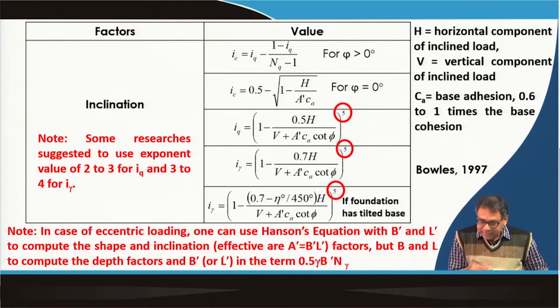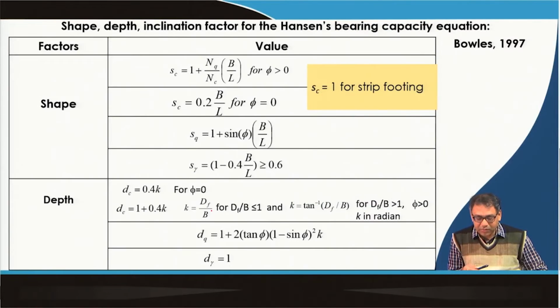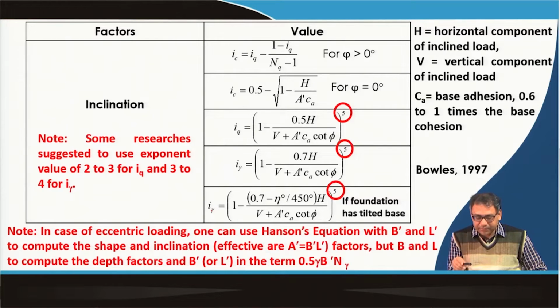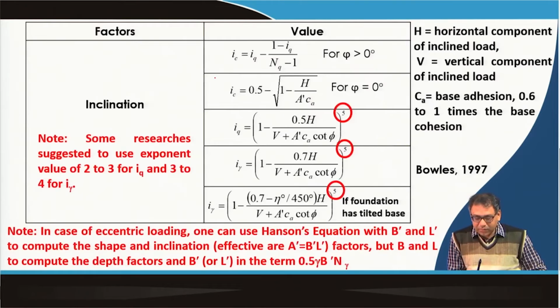Now, this is the inclination factor, we will calculate the inclination factor. So, the inclination factors IC and IQ we will get by using these equations. NQ I will get from the chart, because NQ is similar to the Meyerhof NQ. So, from that chart we can get the NQ value, and similarly here also NC and NQ we will get from the chart, because NC and NQ both are the same as suggested by Meyerhof.